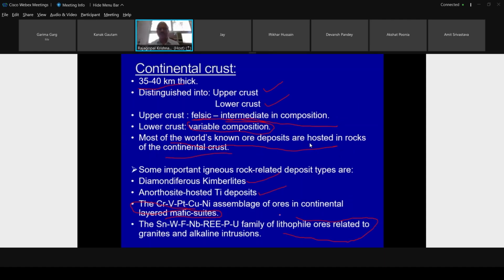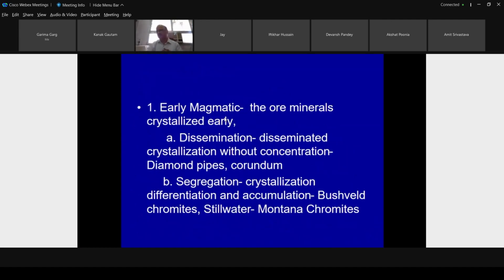The silicate rocks, the granitic and the alkaline rocks. That means distinct mineral deposits occur in distinct rock types. Right or wrong? Nickel is there? Yes, sir. So that means you have mineral deposits in different types of magmatic rocks.